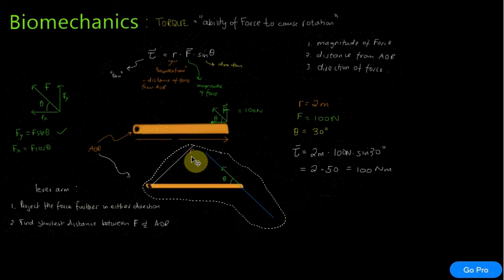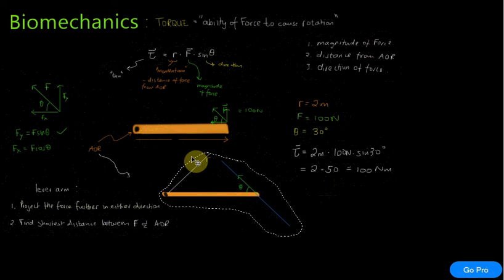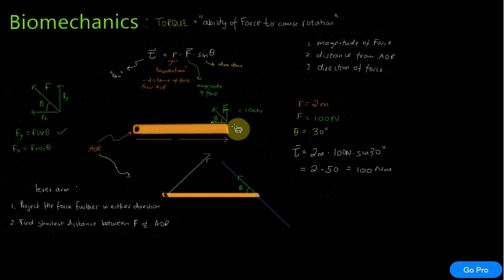Alright, that gives me a little bit more space over here. Okay, good. So let me take this force component and project it a little bit longer. What you'll find is that the shortest distance between the axis of rotation and this elongated force component is the component that's perpendicular.